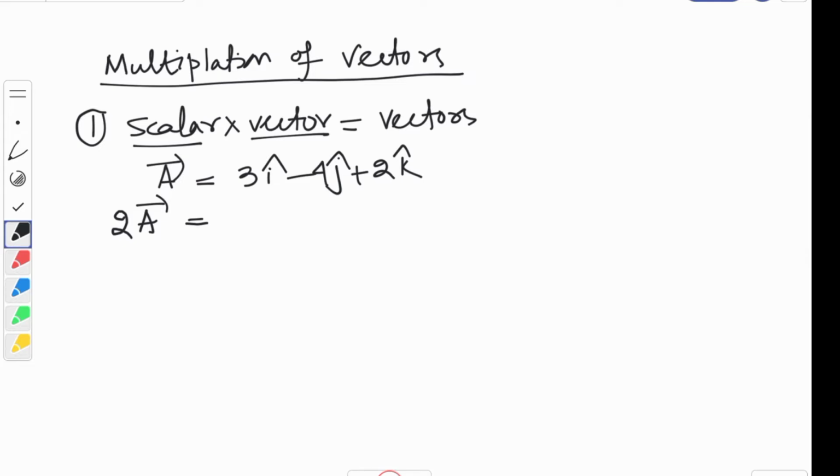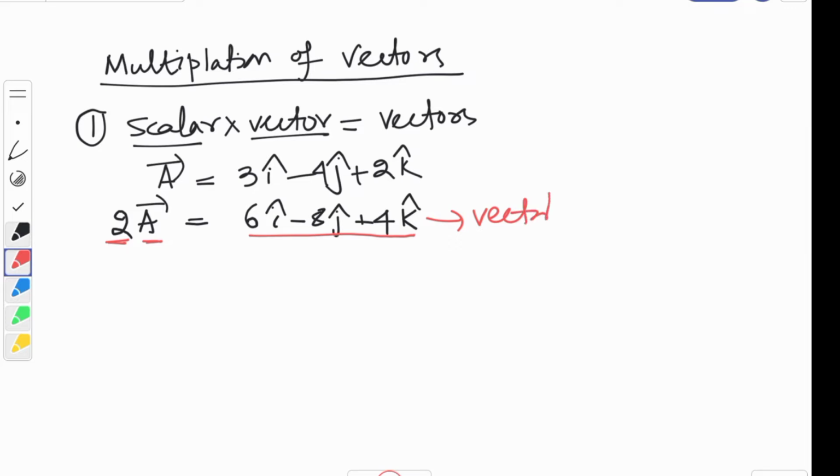Simply multiply 2 with vector A. That means you will get 6i cap minus 8j cap plus 4k cap. Now you can see we have multiplied a scalar with a vector, and the result is again a vector. Clear, children?